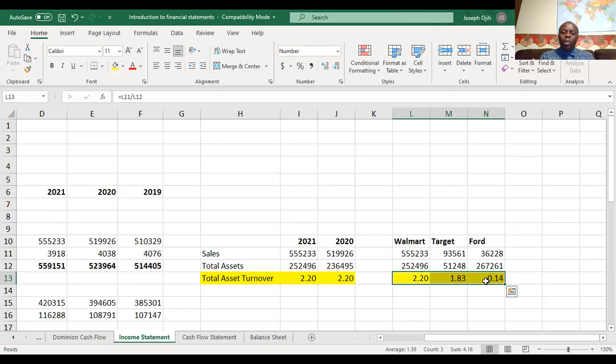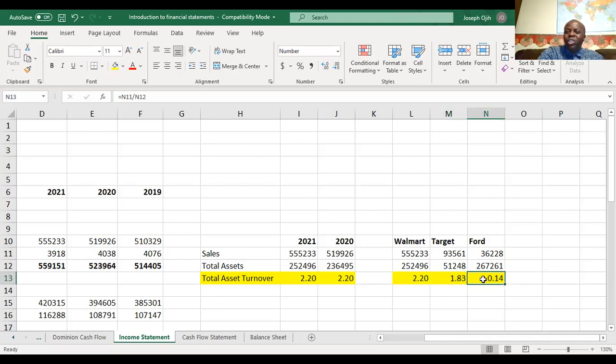So suppose that Walmart invested $1 billion in total assets. It generated $2.2 billion in sales. Target, as soon as they invested $1 billion in total assets, generated $1.83 billion in sales, which is still good.